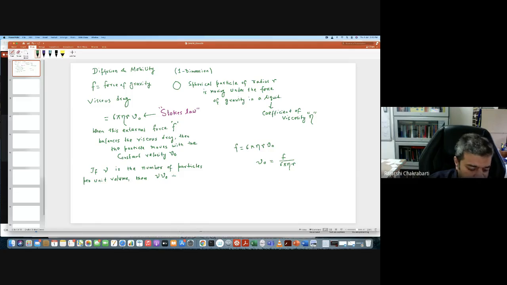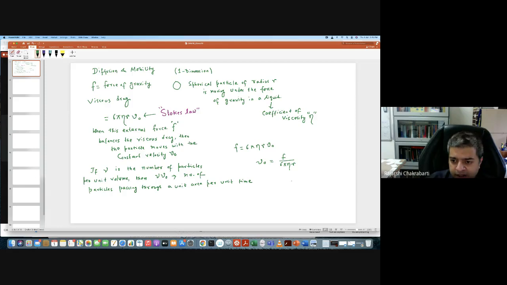So this is the number of particles passing through a unit area per unit time. This is given by nu into V0.